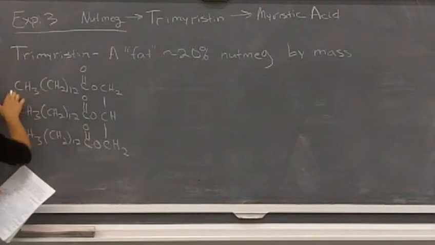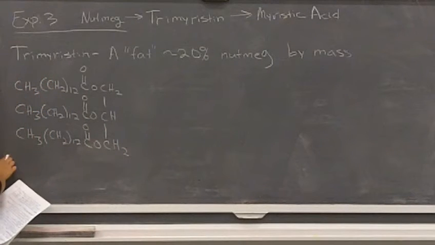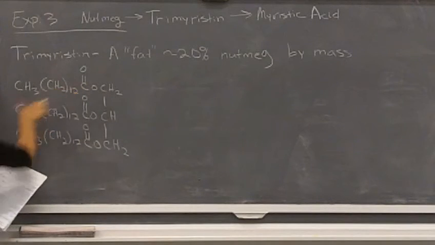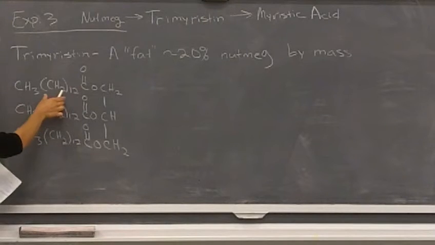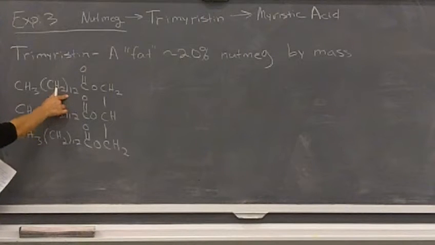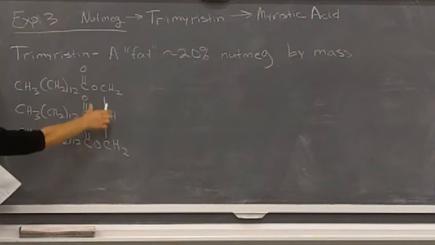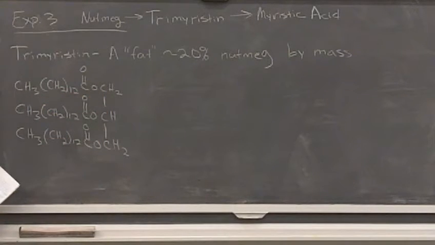So all three of these chains are linked together. Drawn like this, it looks like a really compact molecule, but keep in mind here we've got 12 CH2s in here. So a really long chain attached to these esters, and the three of them are all attached to each other.